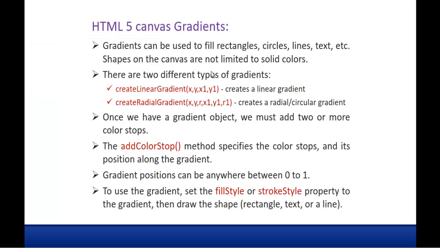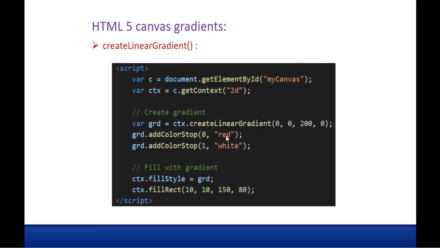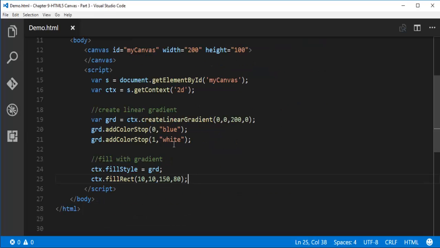A gradient is a mixture of two colors. In the example I've taken red and white, but in my coding I've taken blue and white. It's a combination of two colors. So if you wish to create a linear gradient, you have to make use of this method. The first thing is you need to identify the canvas element, and the second step is you need to create a drawing object.